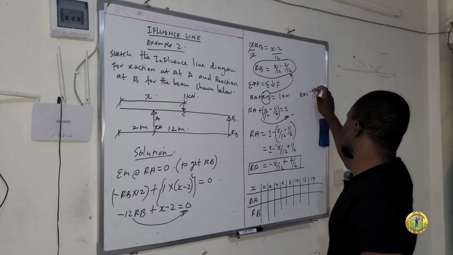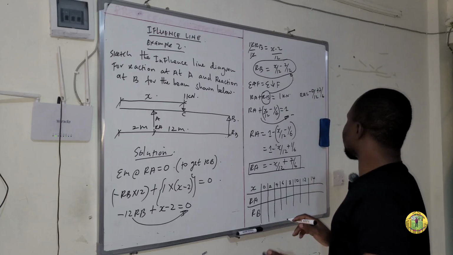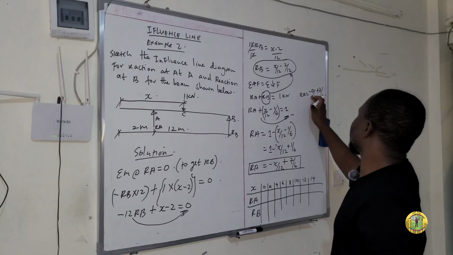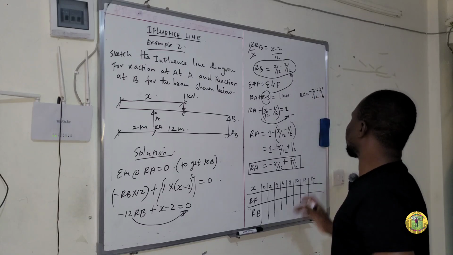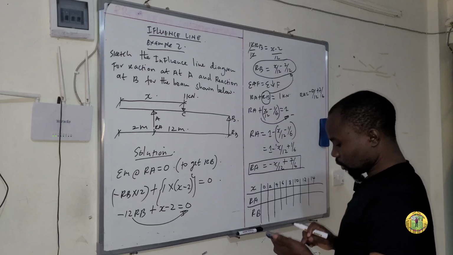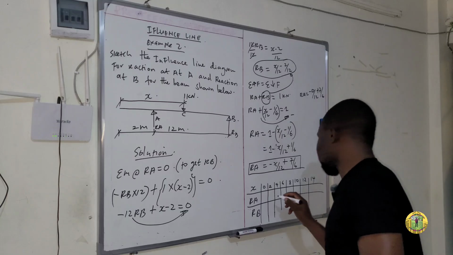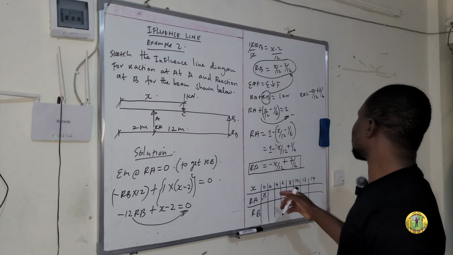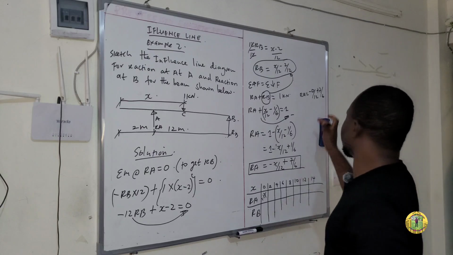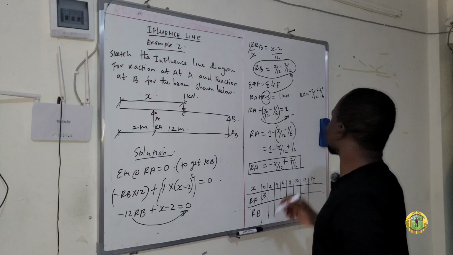We will start with 0. Minus 0 over 12 is 0, so here we'll have 7 over 6. In decimal places, this is 1.17. We'll come to 2, so you'll replace x here with 2.